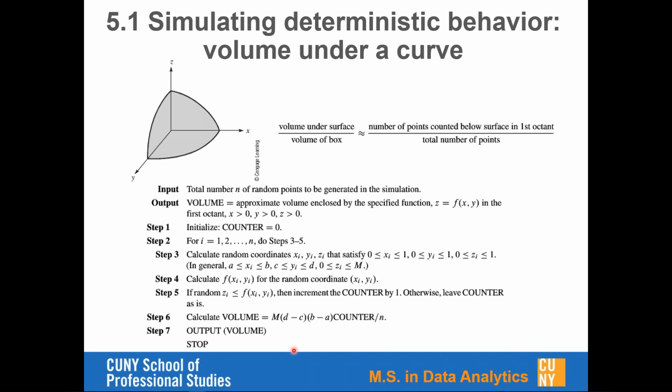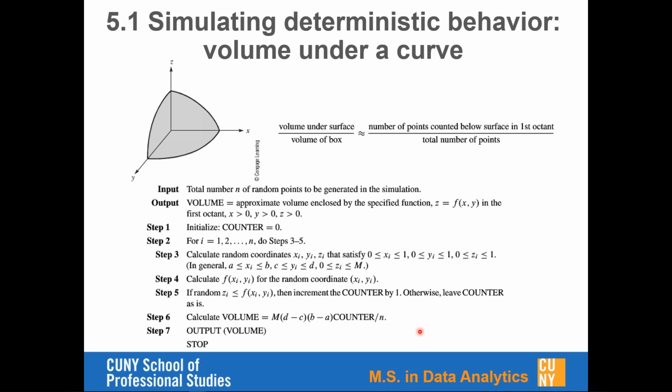And the next example that we have here is very similar as well, except that it's three-dimensional space. We were saying, how about the volume under a curve? Instead of generating a point with x and y coordinates, we need to generate a point with x, y, and z coordinates, and then we need to test whether the point is under the curve or above the curve.